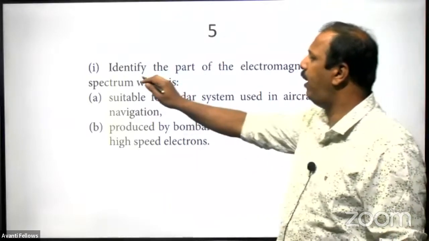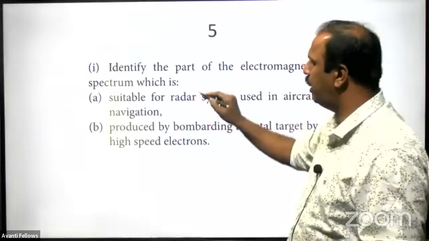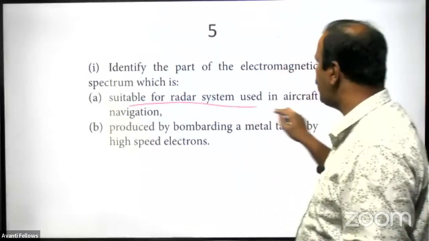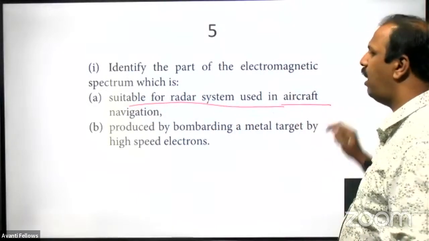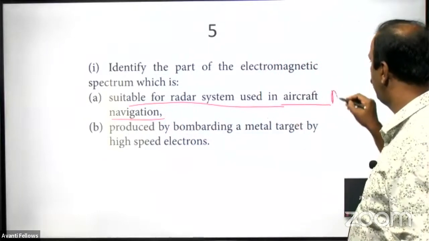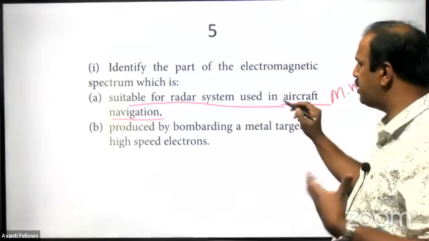Identify the part of the electromagnetic spectrum which, we have two conditions here, is suitable for radar systems used in aircraft navigation. This was microwave, for radar, as we discussed. This is just a theory question.